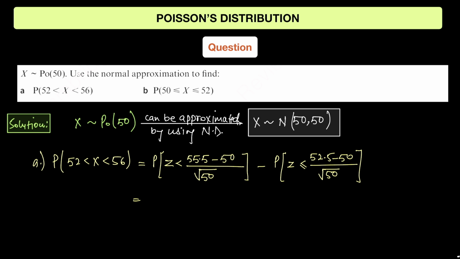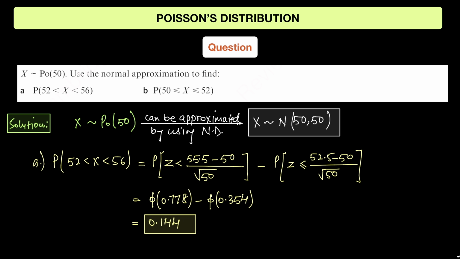When we solve this expression, we get phi of 0.778 minus phi of 0.354. Let's solve this and we get 0.144 as the final answer after confirming it from the table.